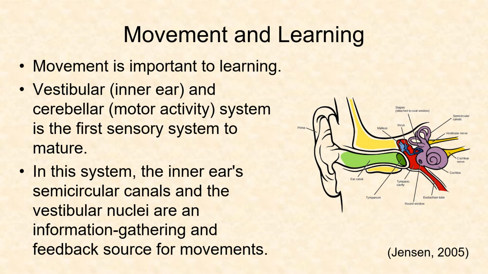And when you think about human life, that's really important because your balance is controlled largely through the inner ear organs. So we find that the inner ear's semicircular canals and the vestibular nuclei are information gathering for your movement and your balance.